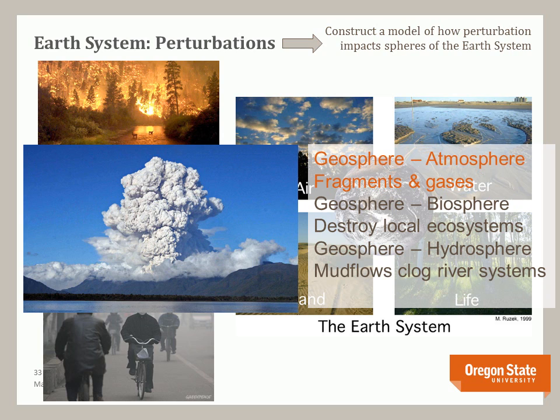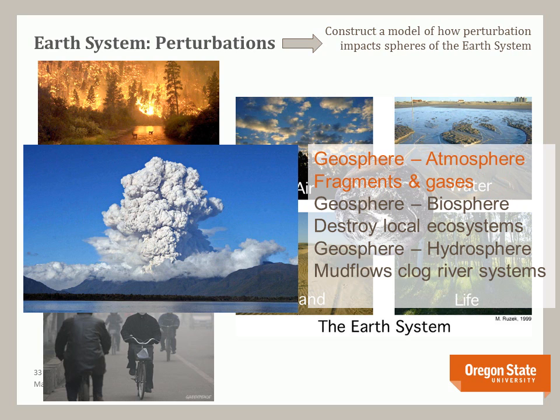So let's look at an example of a conceptual model. In this case, it's just a series of statements about how this volcanic eruption impacts the Earth system. The volcanic eruption, the geosphere, impacts the atmosphere by injecting large amounts of fragments and gases into the atmosphere.